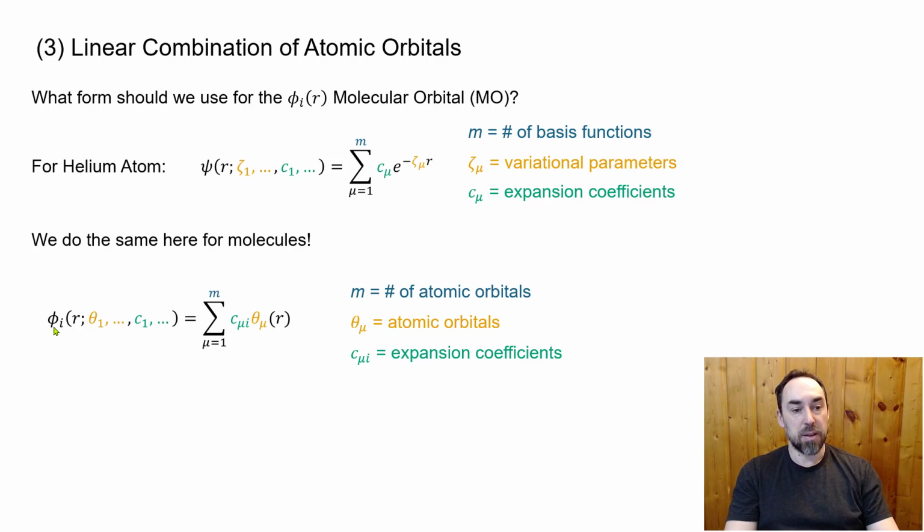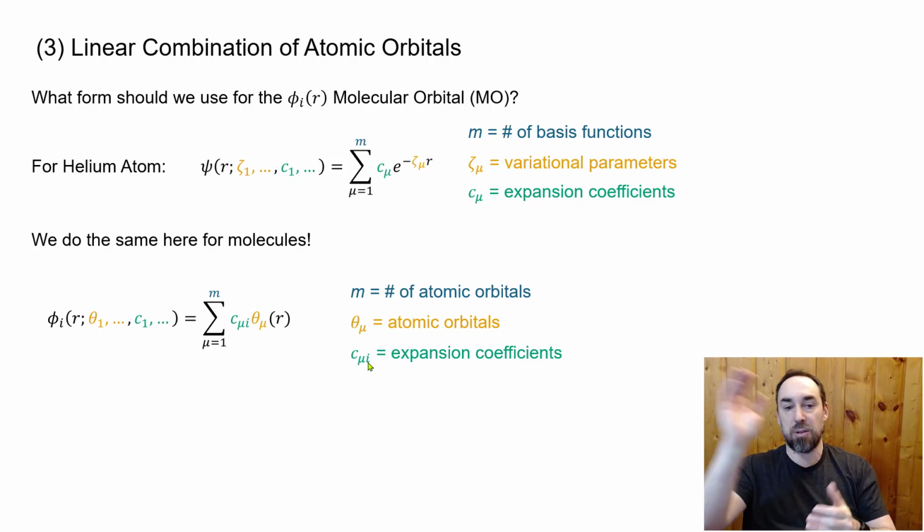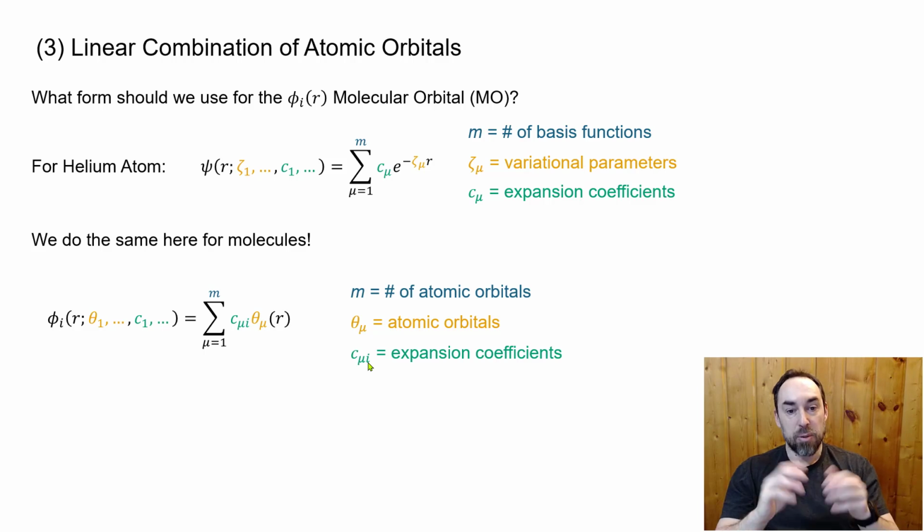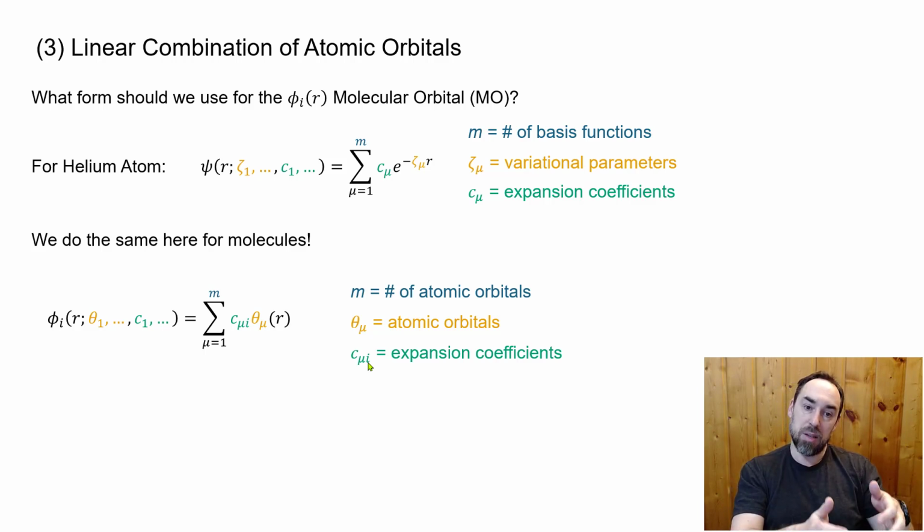So we write a molecular orbital as a linear combination of atomic orbitals, and we're going to give each atomic orbital 1s of atom A, 2s of atom A, 1s of atom B, 2s of atom B, 2px of atom B, and so on and so forth. We're going to give each one of these atomic orbitals a weight by changing this expansion coefficient.